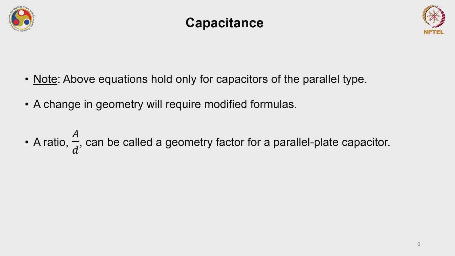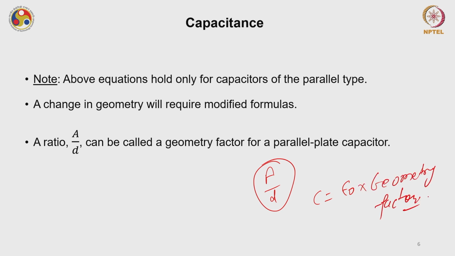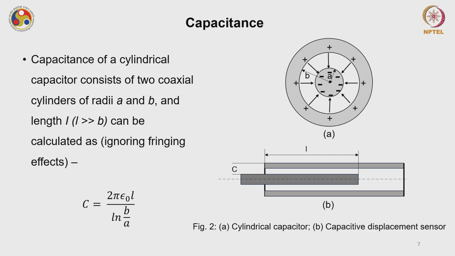The geometric factor is very important, because this ratio depends on the geometry, shape and size of the plate. So I can simply write the capacitance as epsilon naught into the geometry factor. We are defining this term particularly in the context of these sensors.